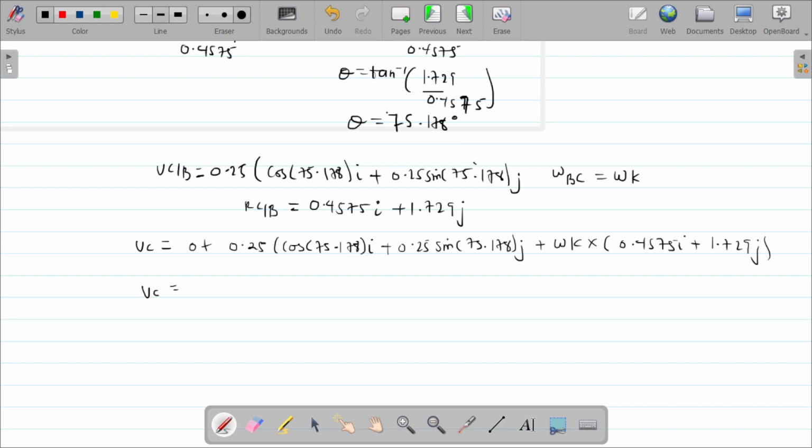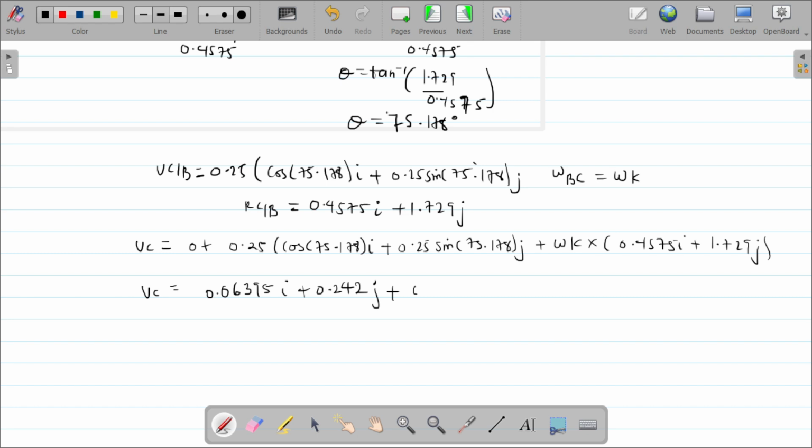So vc will be equal to 0.06395 i plus 0.242 j, and then here I'll have plus omega k cross this.